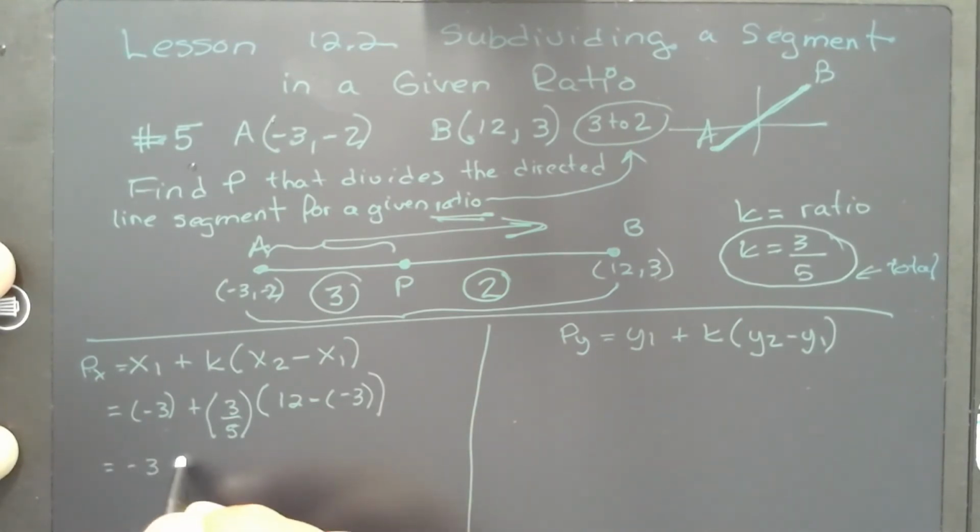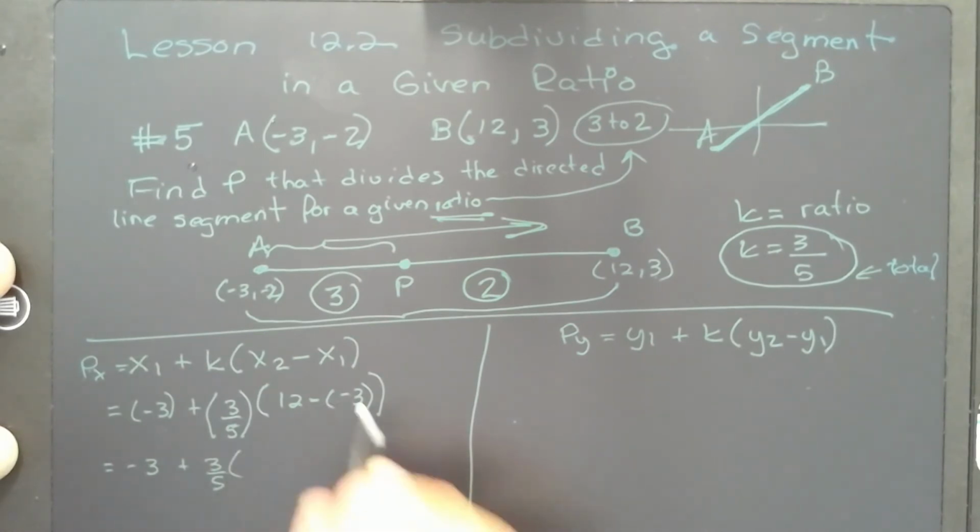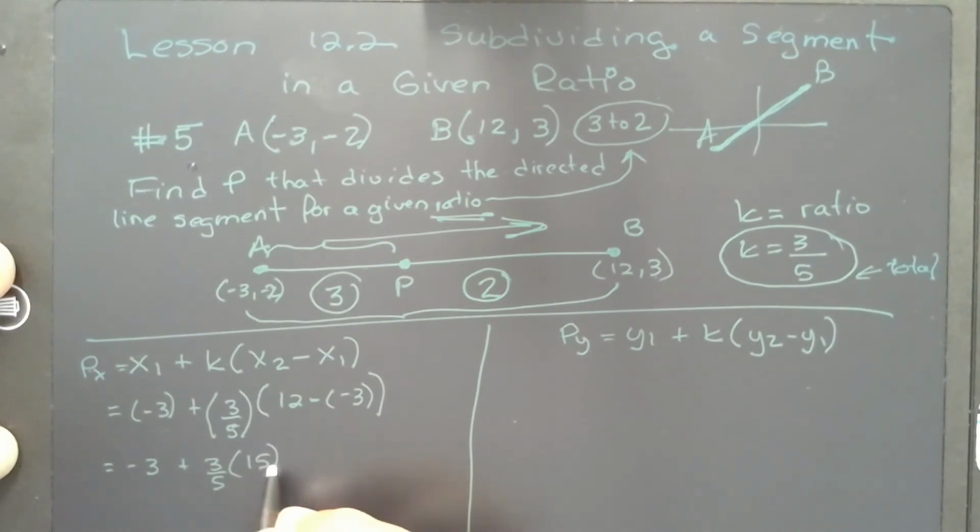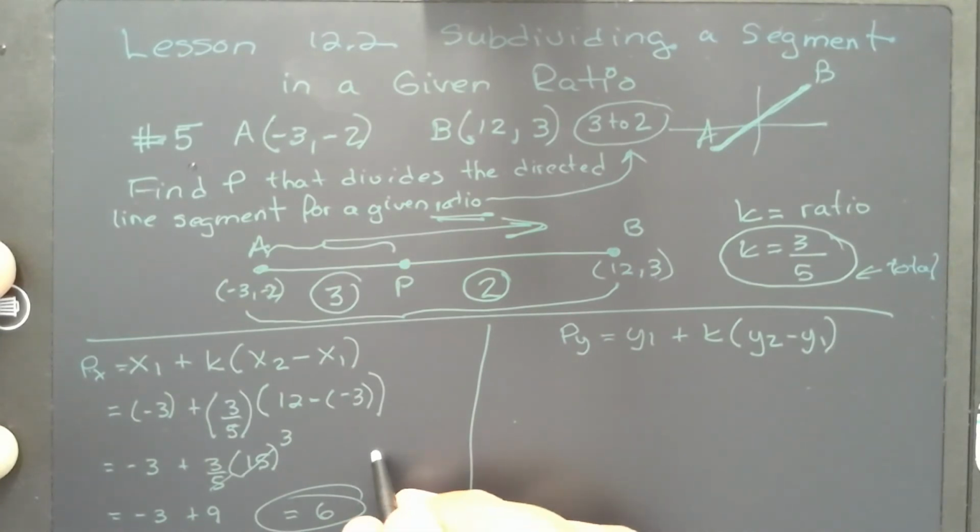Negative 3 plus 3 over 5 times, what's 12 minus negative 3? 15. Here we go. So this is negative 3 plus, this will cancel out, gives you 3. 3 times 3 is 9. So my first coordinate here, p of x, is going to be 6.